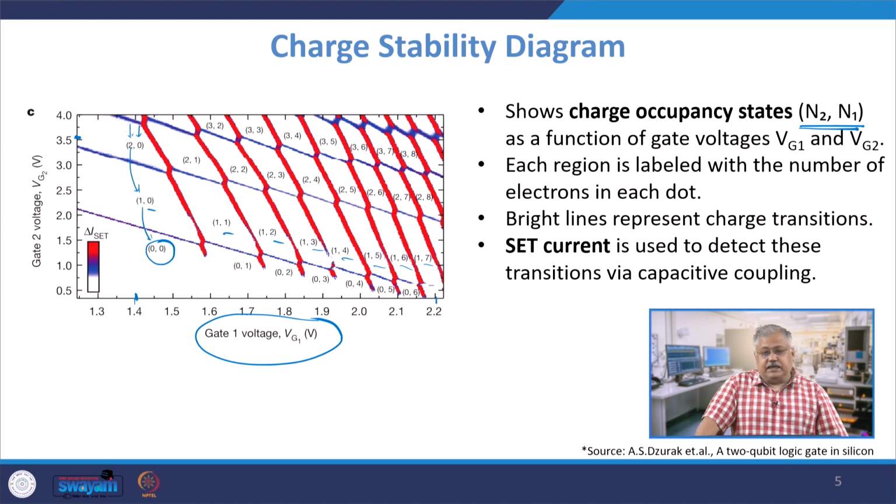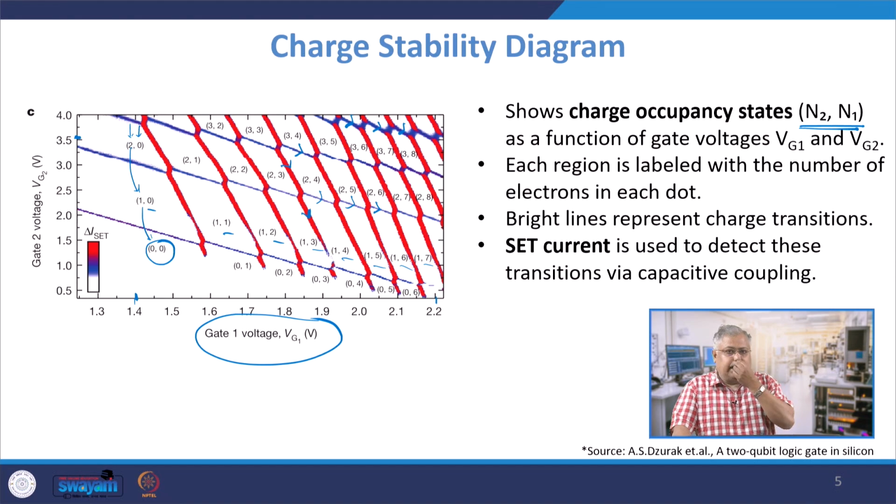And the SET currents, these are the bright lines which you see. This is the red bright line and this is the blue lines which you see. The blue lines and red lines are primarily used for detecting these transitions, right. So for example, the red line shows you a gate 1 voltage transition, and the blue ones are basically your gate 2 transitions, right.